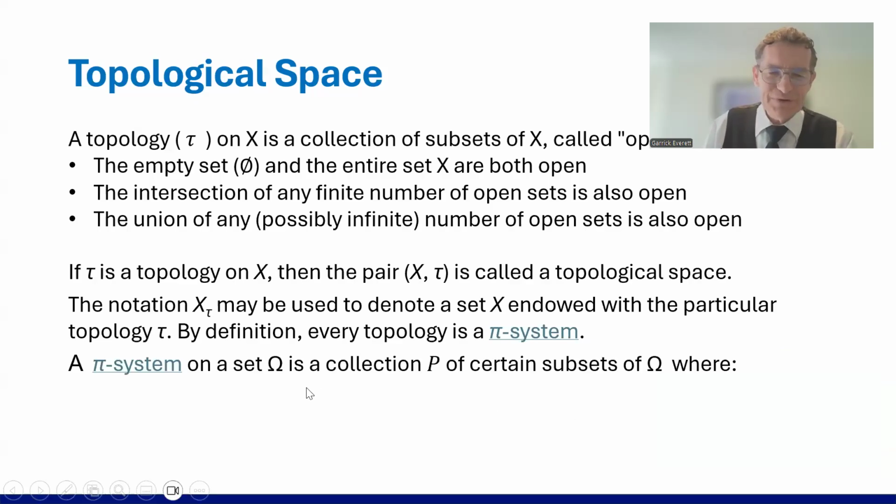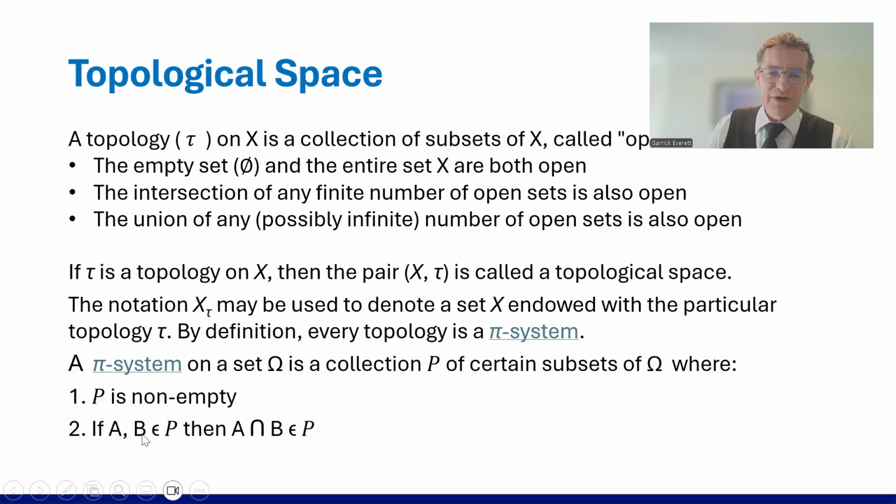So a pi system on a set omega is a collection P of certain subsets of omega where P is non-empty, and if A and B are elements of P, then A intersection B is also an element of P. So that's a lot of blurb coming at you, but they've made up this pi system for any set, and we've just called it omega. It's a collection of subsets of omega that is non-empty and where the intersection of elements is also within P.